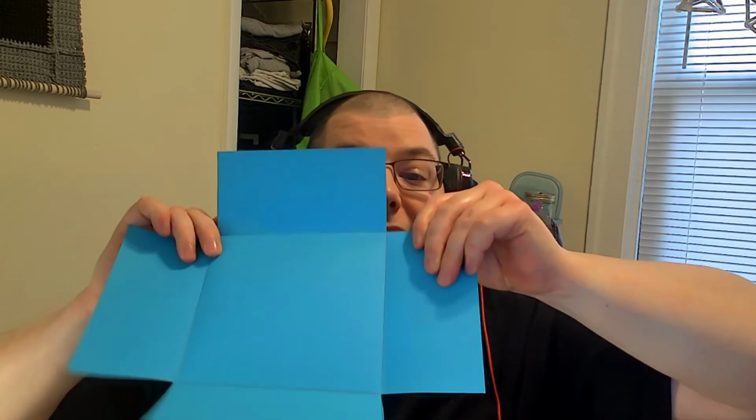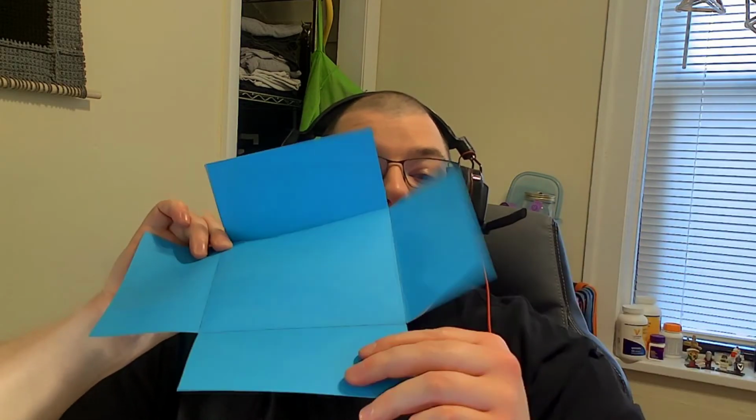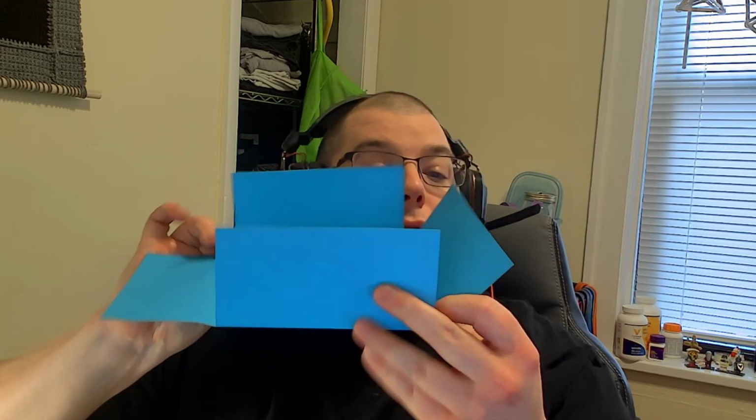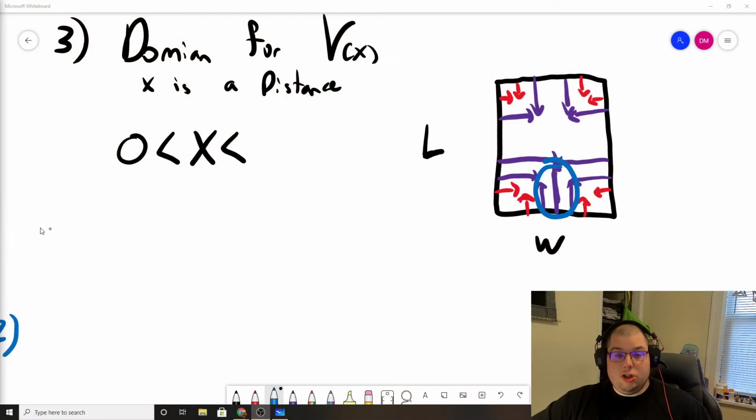That middle tab will fail to exist, and that tab is what literally creates the walls of my box. So we've got to think about how far in can I cut before the cuts meet?